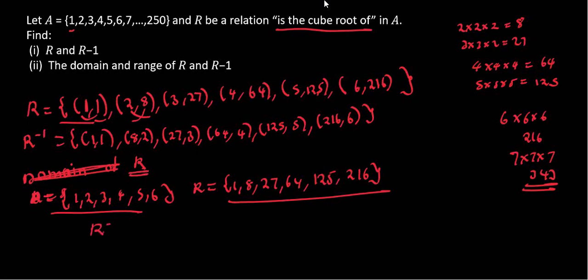Okay, now let's look at the inverse. Of the inverse, in this situation, you shall see the domain. So the domain will be 1, 8, then 27, 64, then 125, then 216.